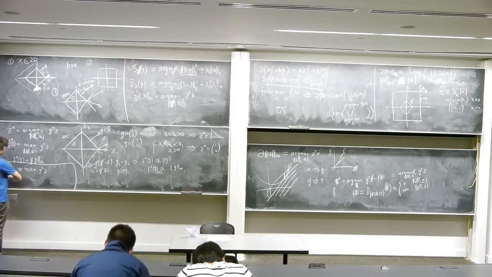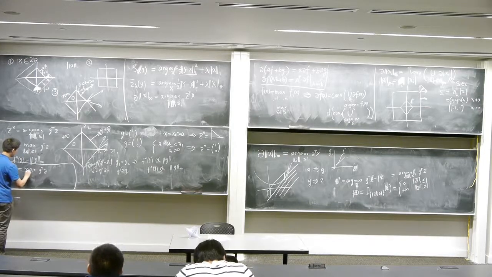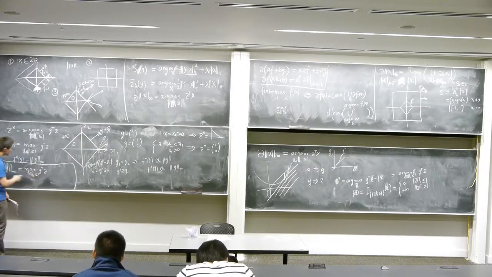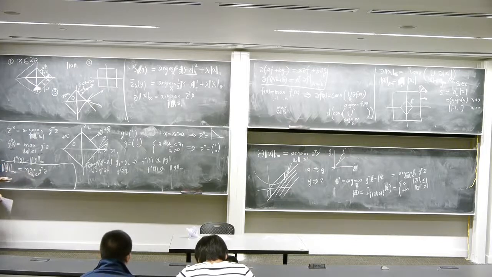This is what we've learned in class, right? Suppose I have this one, which is true if you follow what I've argued before, but suppose you don't trust me, but you trust drawing, okay, this is true.